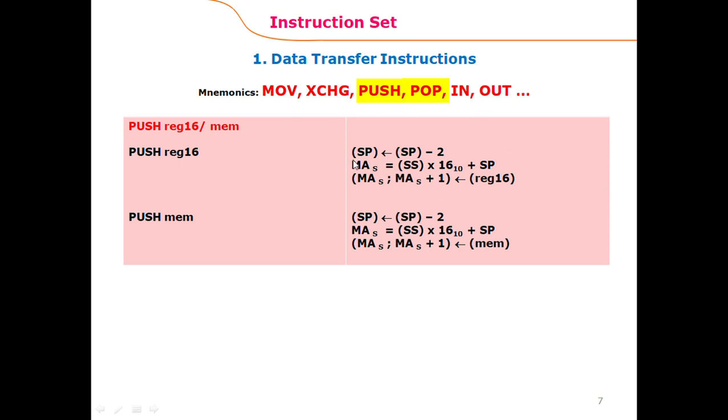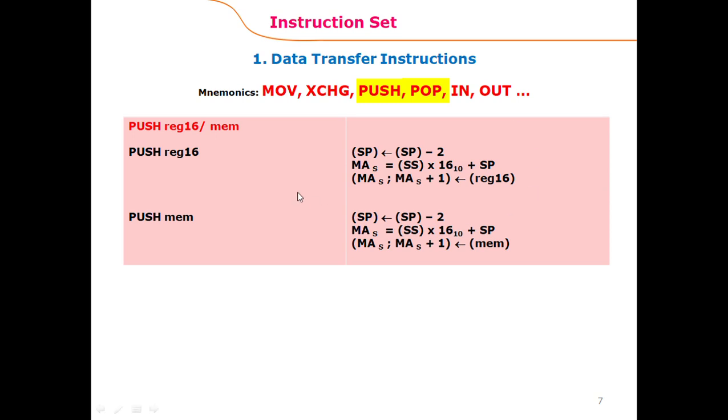Let's assume the stack pointer register has a 16-bit value. That value is decremented by 2, so 2 is subtracted from the current content of the stack pointer, and an updated stack pointer value is computed.